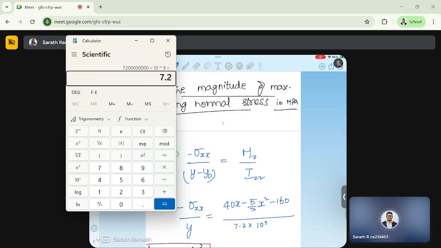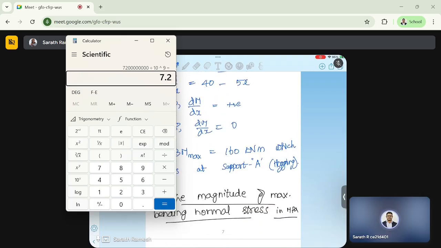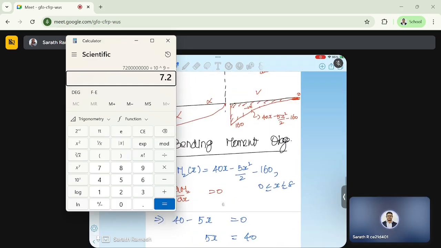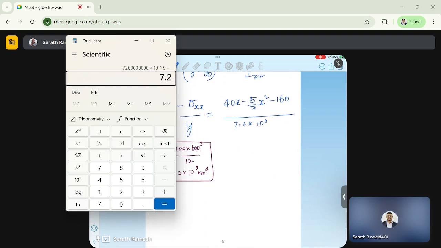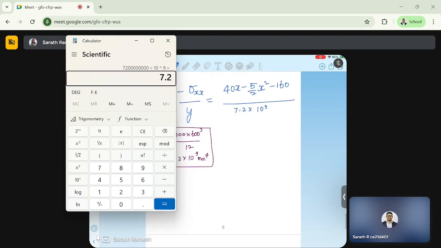Here the maximum bending moment is negative 160 kilonewton meters, which is 10 power 6 Newton mm, divided by 7.2 into 10 power 9 mm 4, into y.